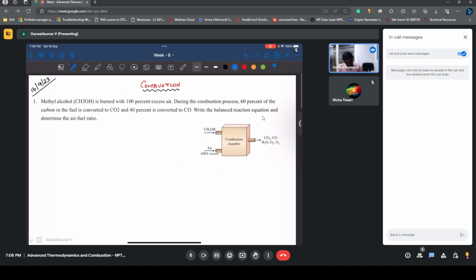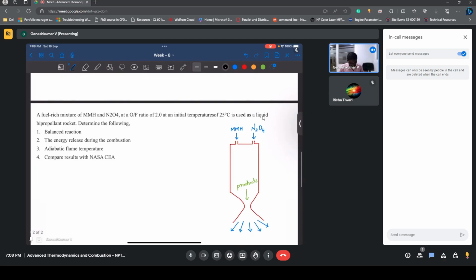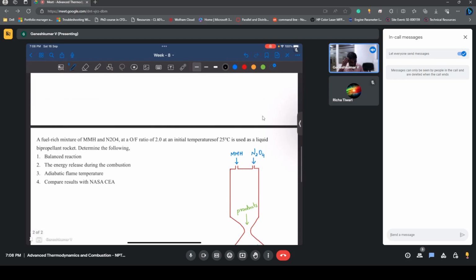Both of the questions, this question is actually taken from Cengel, and the other question is taken from one of the rocket propulsion courses from NPTEL. I just want to give something related to rockets, because combustion happens inside rockets.